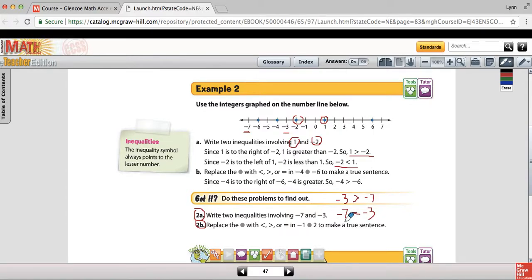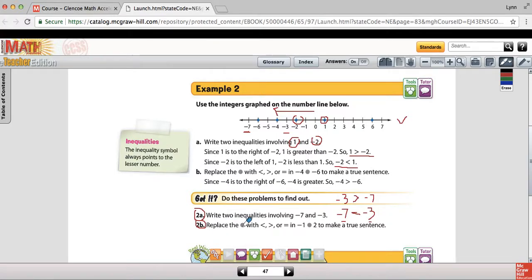Now sometimes that's confusing because you're looking at the number 7 and you're thinking, how can 7 be less than 3? But we're talking about to the left of 0 on the number line, and the further left you go, the lesser numbers you arrive at. So just remember that you can use a number line to visualize which number is smaller.